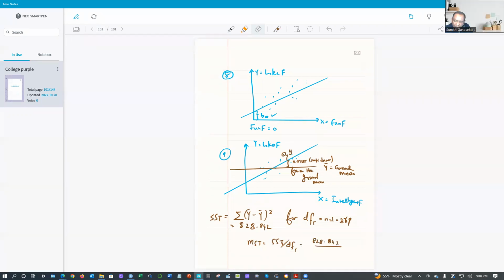So 828.842 divided by 269 is 3.081. It should be like that, not the one we see here.